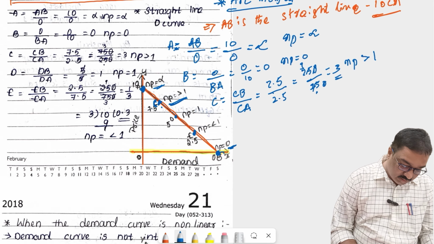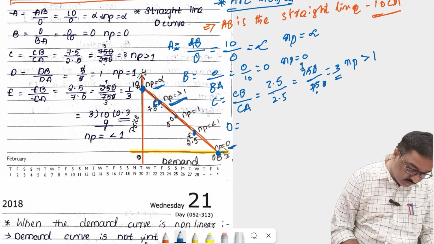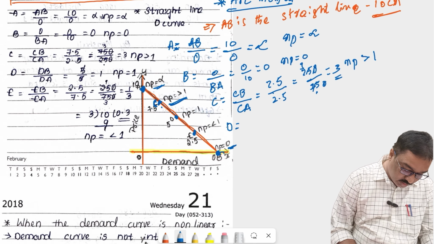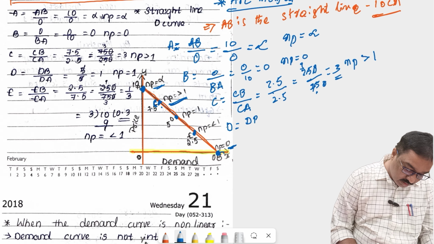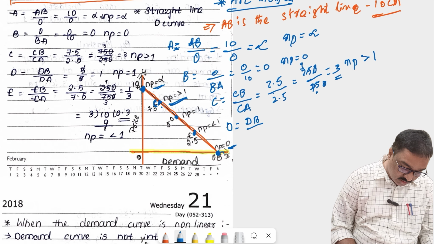Okay. And at the point of D, this is the D point. What is the lower segment? DB. Here to here, the upper segment DA.